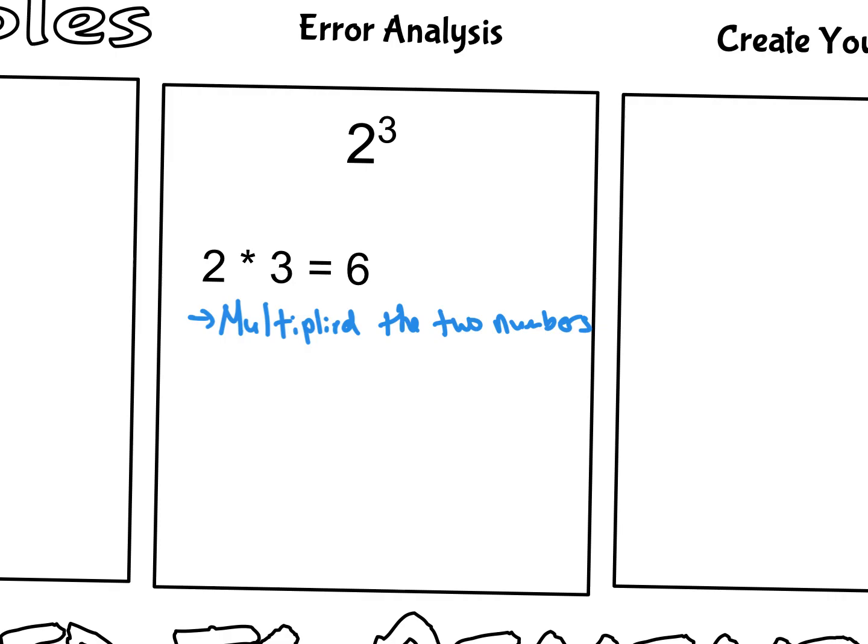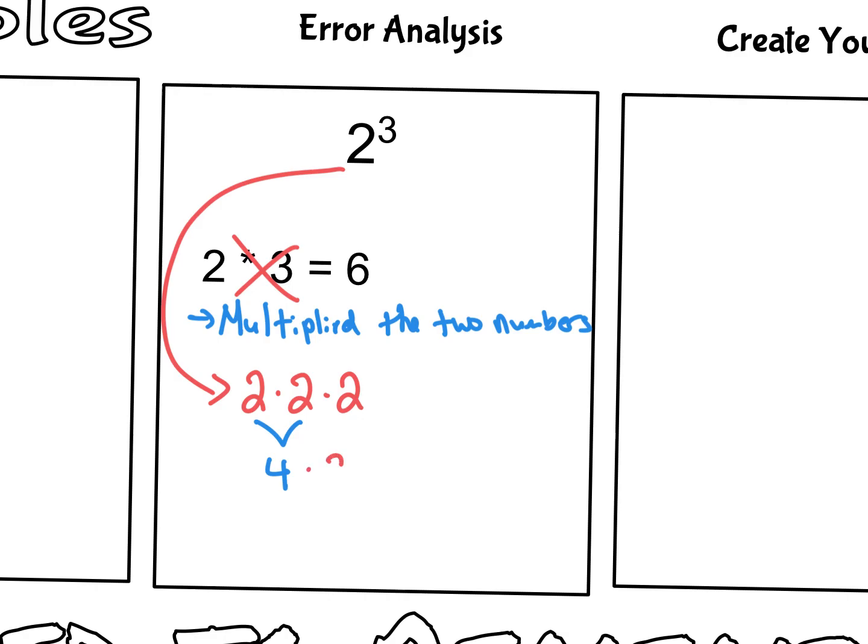But the way we're going to fix it is that 2 to the third should actually be 2 times 2 times 2. And since 2 times 2 is 4, times 2 is 8, 2 to the third power is actually 8.